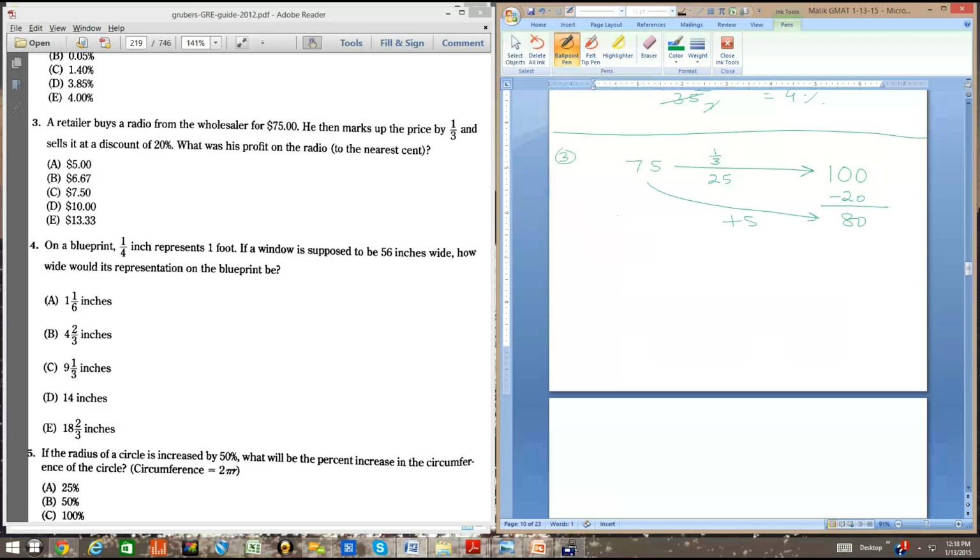I made it way too complicated because I was solving for what the 1/3 markup was, and then I didn't even get to the point of the discount of 20%. Because I turned it into an algebra equation where it was 1/3 x, and I did the percentage change formula, 1/3 x minus 75 over 75.